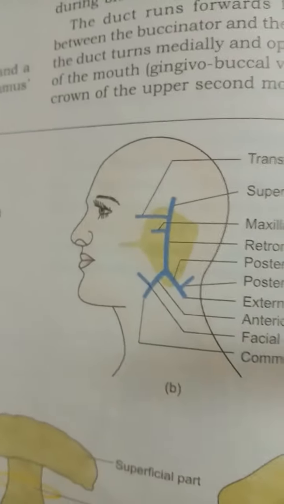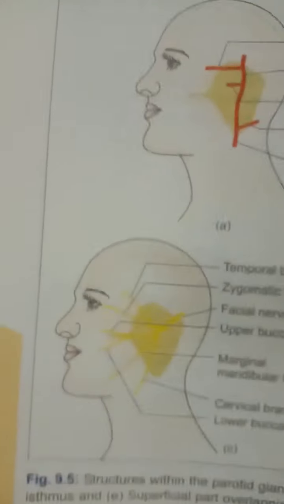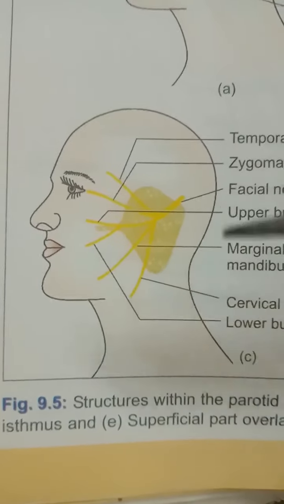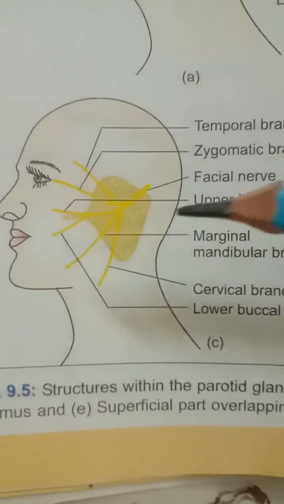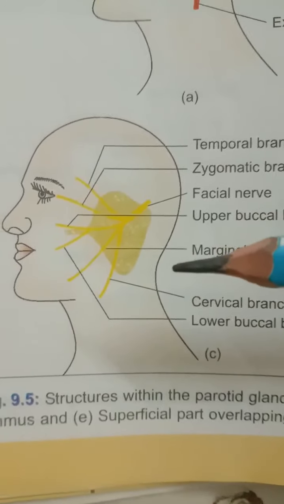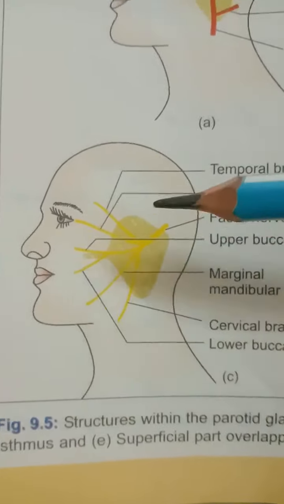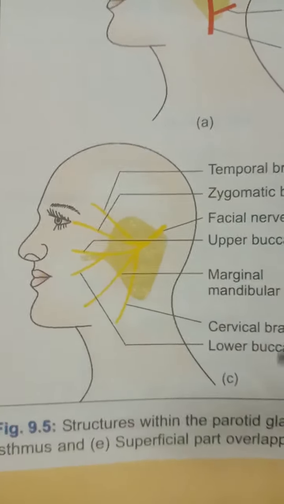Then the nerve supply of this gland. It is supplied by both sympathetic and parasympathetic nerves. The sympathetic nerves to the gland are vasomotor and derived from the plexus around the middle meningeal artery.